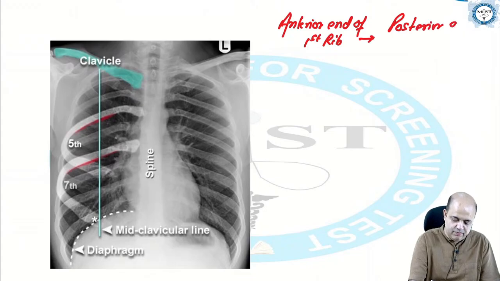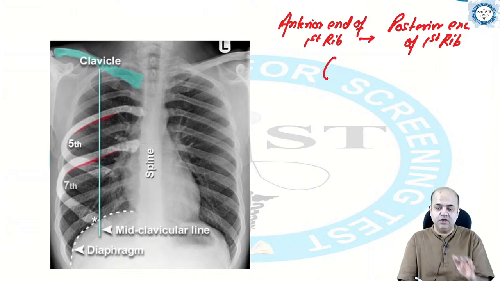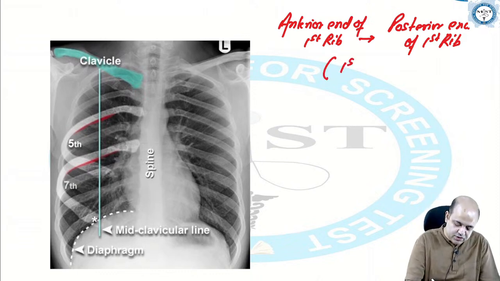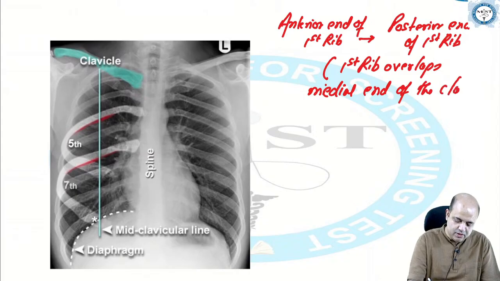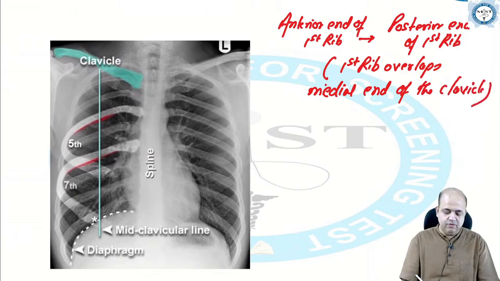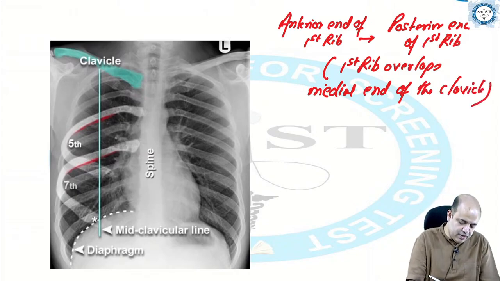The first rib overlaps the medial end of the clavicle.